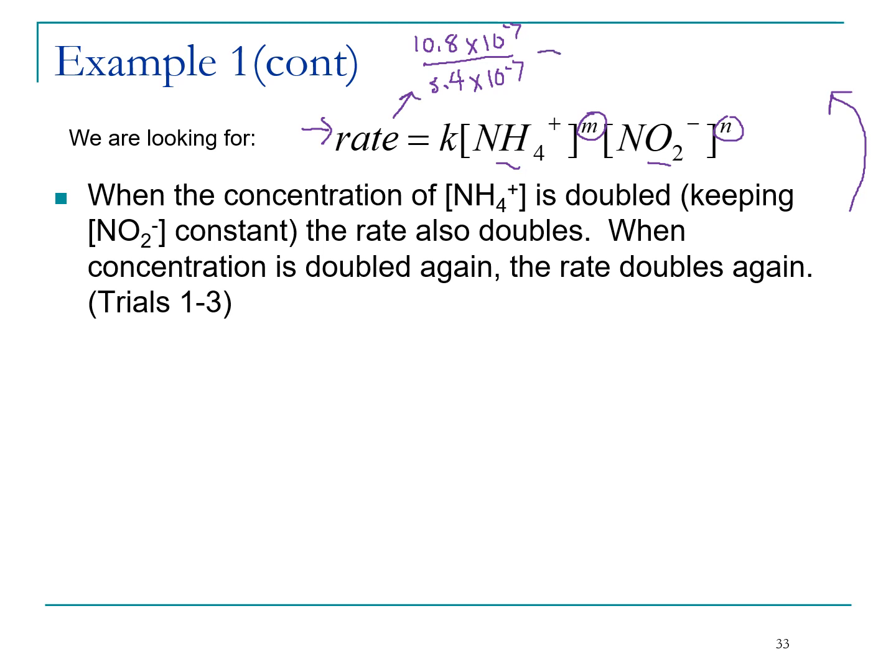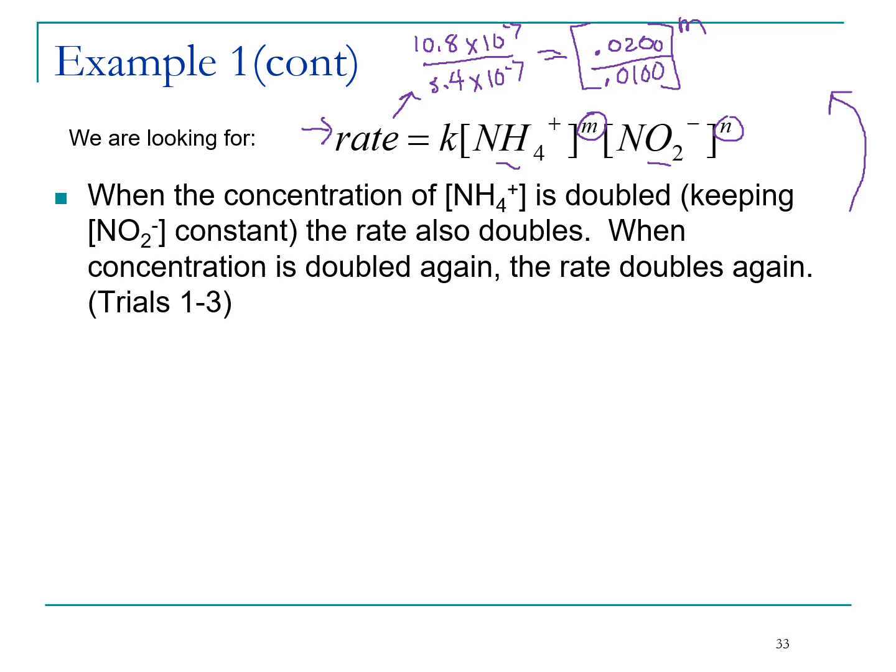Now my constant is going to be constant no matter what. And now I'm going to put my concentration raised to the m. The concentration of NH4 for the second one was 0.020, and for the first one was 0.0100.